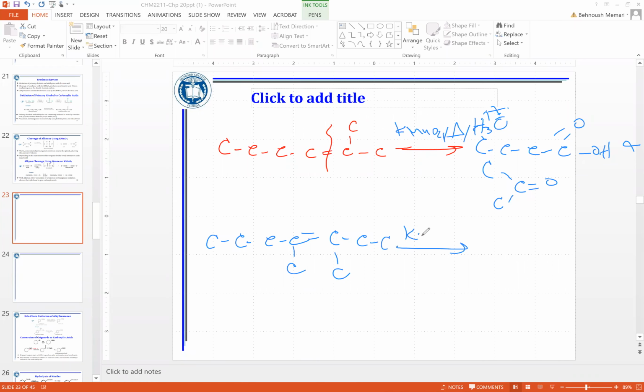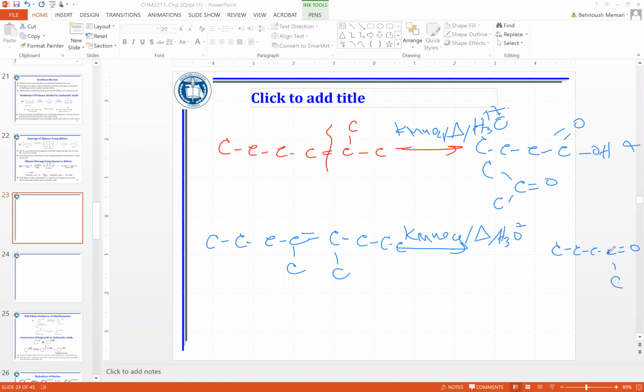This one, oxidative cleavage, yes, of course, is going to take place, but you don't have any hydrogen here. And if you don't have any hydrogen, your product is going to be a ketone rather than carboxylic acid.